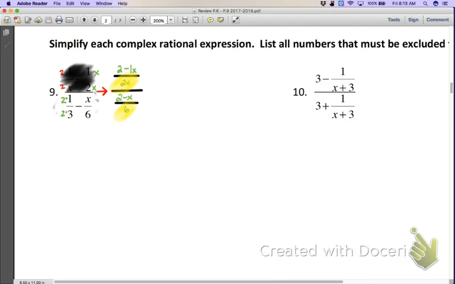So between 2x and 6, what can x not be right now? It can still be negative 6 because it's just a constant, right? So it can't be 0. So now, how do you want to do it? Do you want to do keep, change, flip, or do you want to keep it stacked?